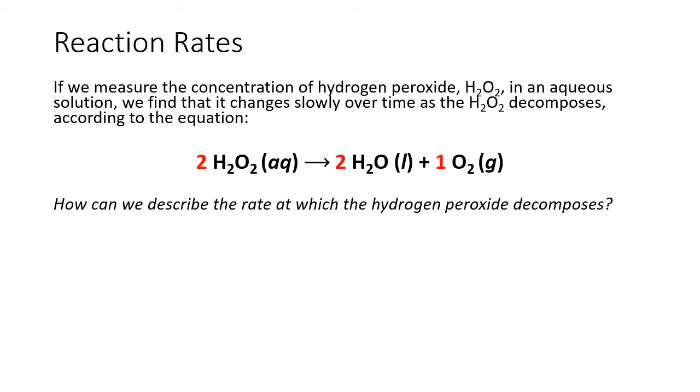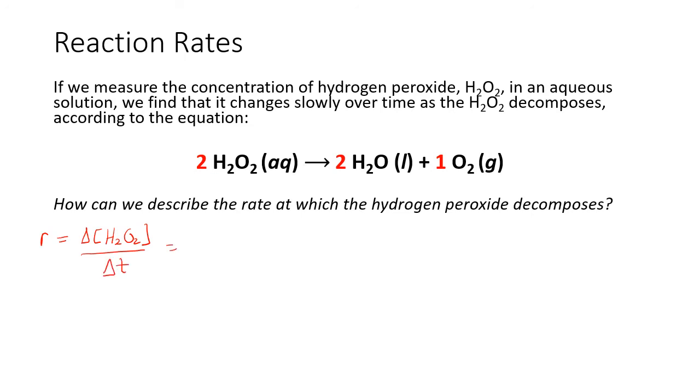So how can we describe the rate at which hydrogen peroxide decomposes? We said that the rate will be equal to the change in concentration, and we'll use brackets around the hydrogen peroxide to represent concentration in molarity, per some change in unit time.